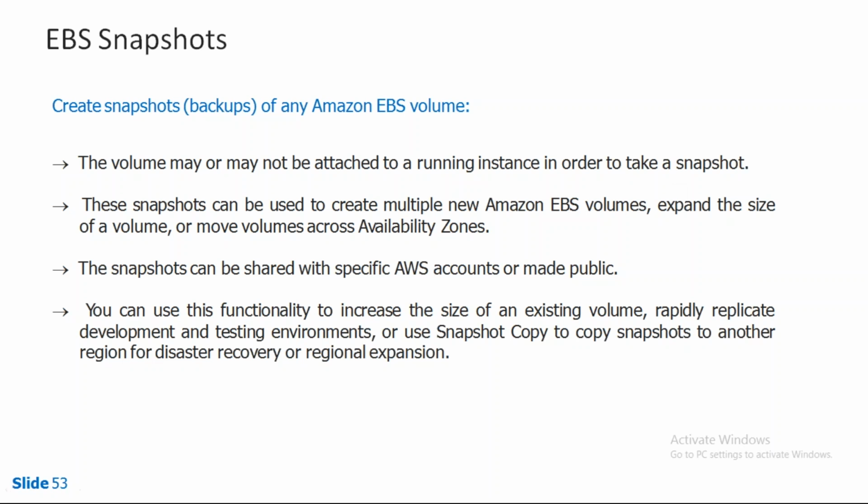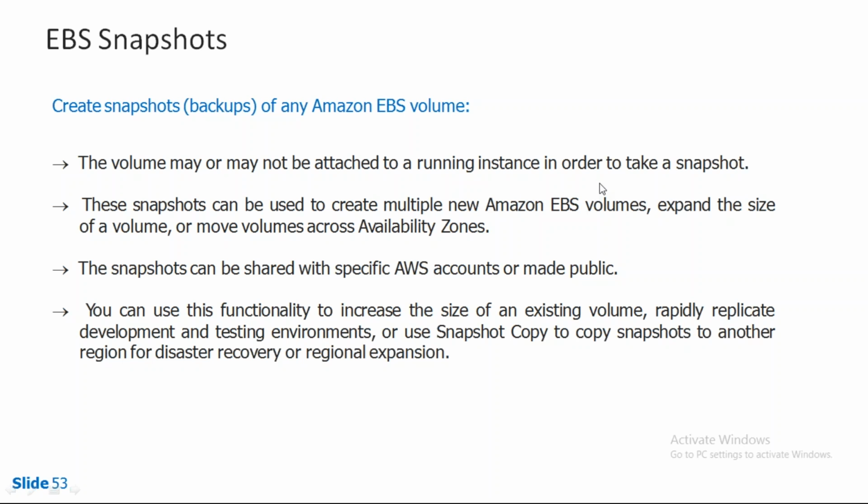You can just take a hot backup or cold backup. So cold backup is when you detach that volume from the instance and take its backup, and hot backup is nothing but without detaching it, you can just take the backup. That is what hot backup is.